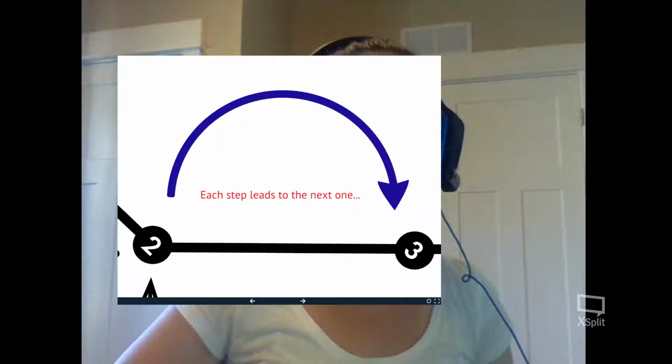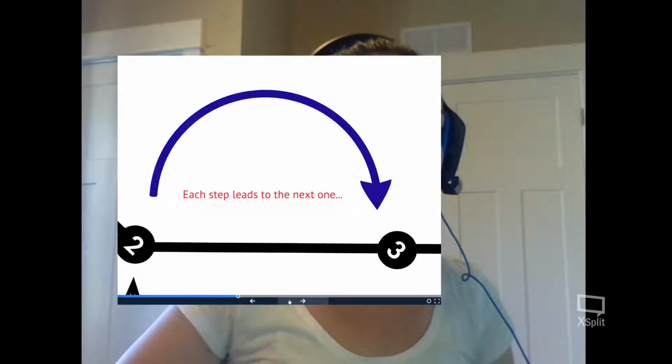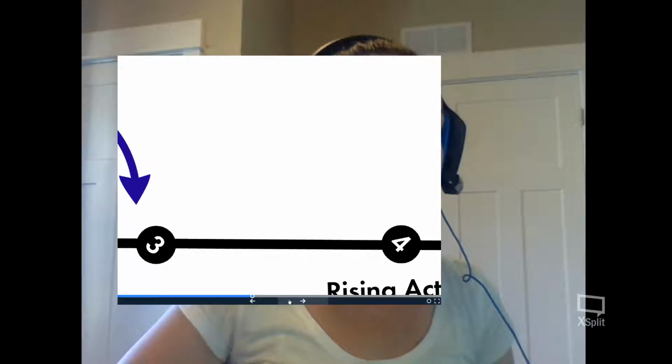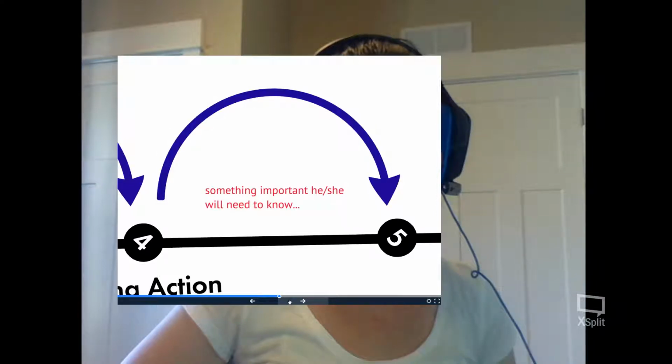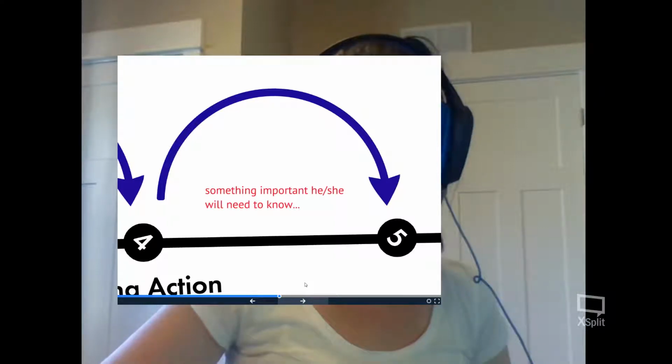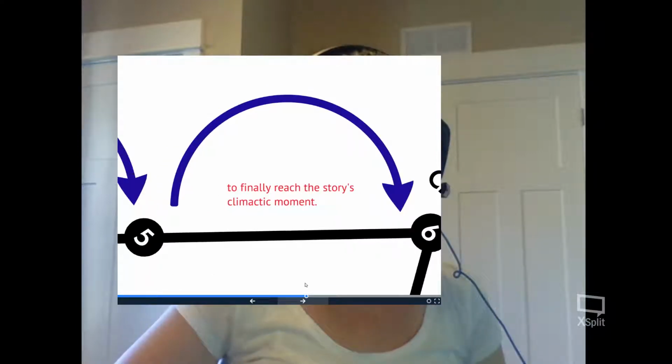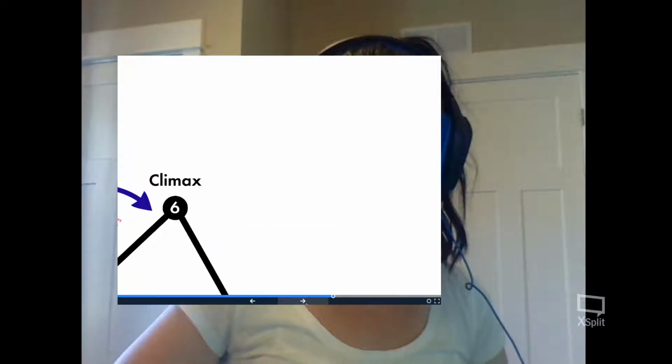Each step leads to the next one, and teaches the protagonist something important he or she will need to know for their adventure or their journey, to finally reach the story's climactic moment.